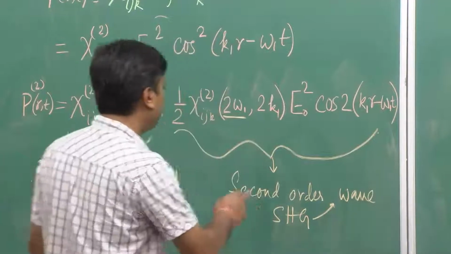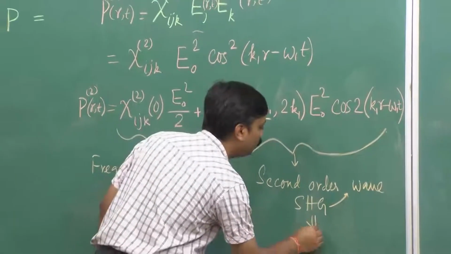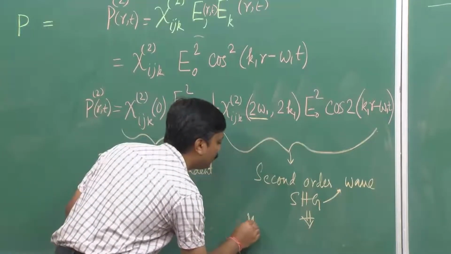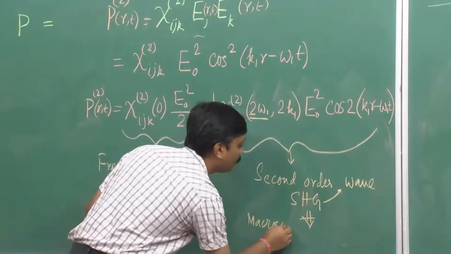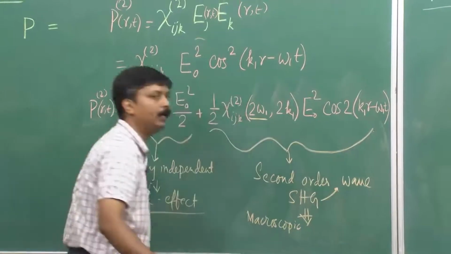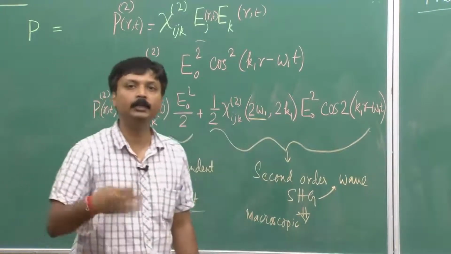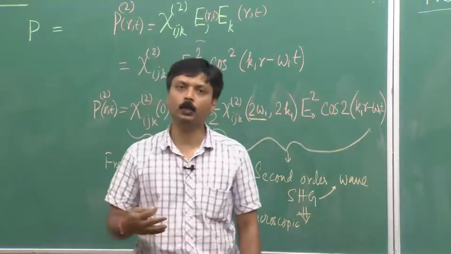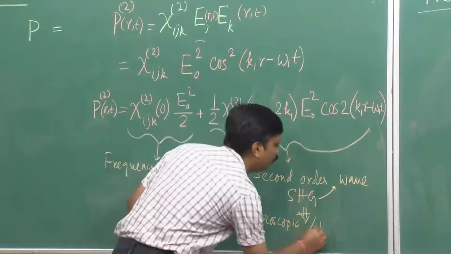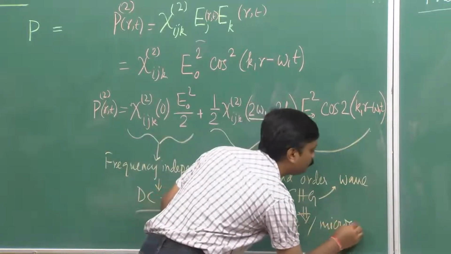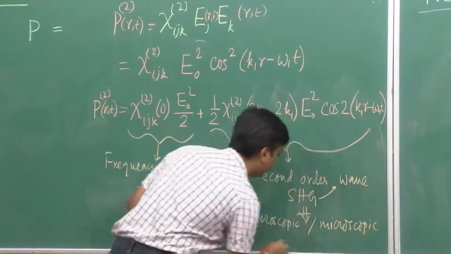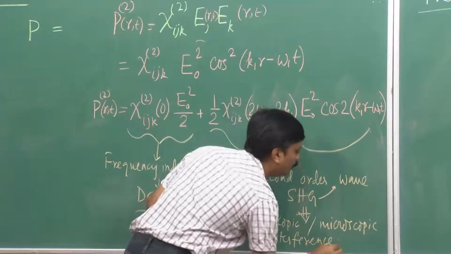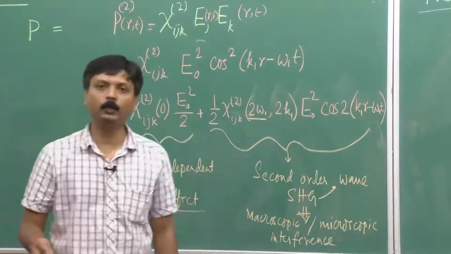So this will lead to either macroscopic interference, if we are talking about a large system like a crystal, or microscopic interference for individual molecules, and that can be constructive as well as destructive.